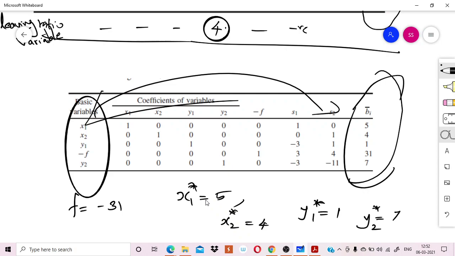Okay, so this satisfies the integer requirement of the problem. So this is our desired solution.